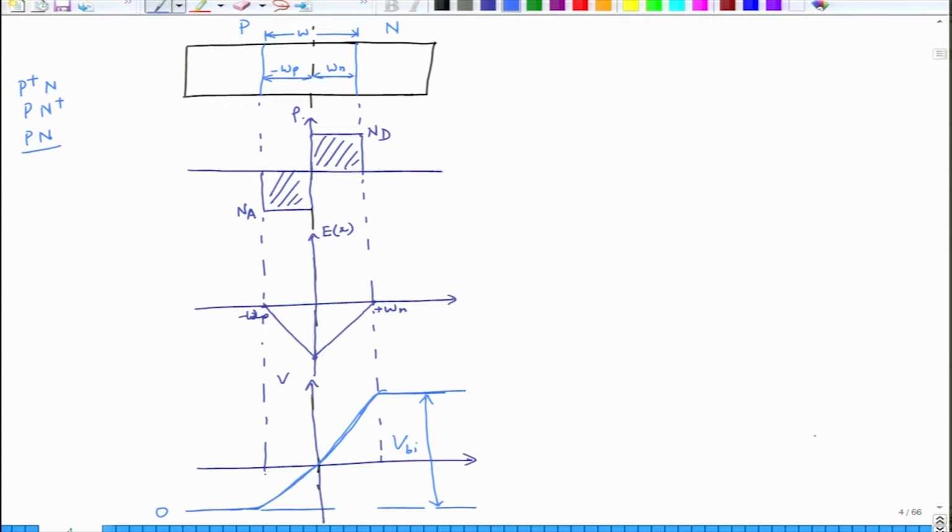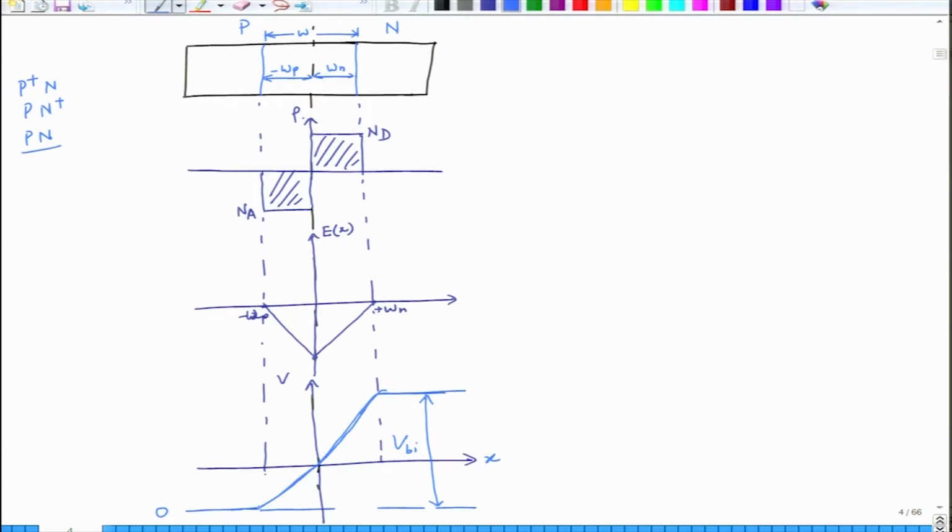It depends upon the reference, on what the reference is for the energy levels, because V is nothing but minus E by Q. The potential increases from minus Wp until you reach plus Wn. There is no meaning of this origin, it is just the interface.